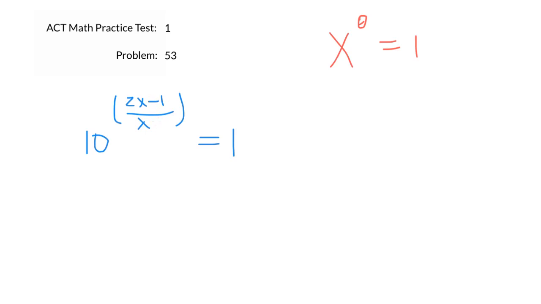I mean, the bottom line is we know that (2x minus 1) all over x equals 0. Now, I'll throw a little bit of fancy reasoning at you. First of all, we know that x cannot be 0. That's certainly true of this problem, because if x was 0, then it would be undefined.